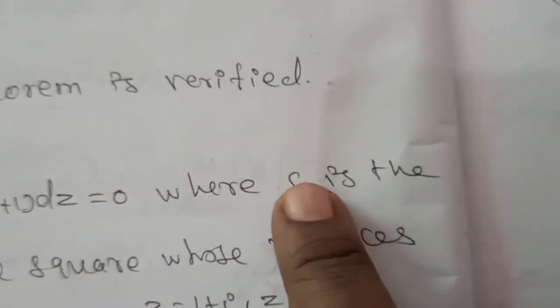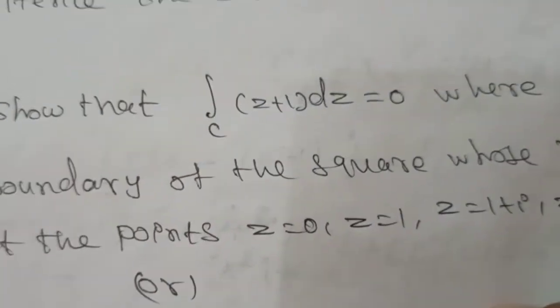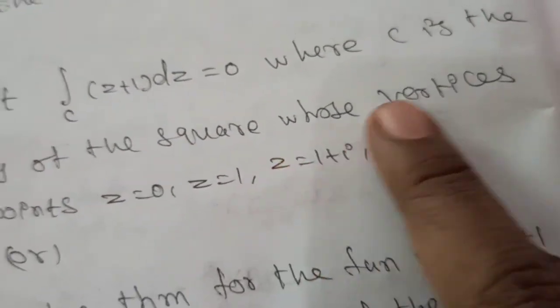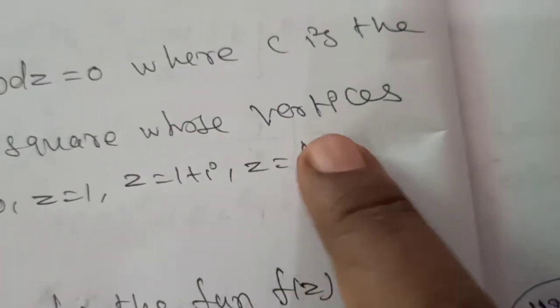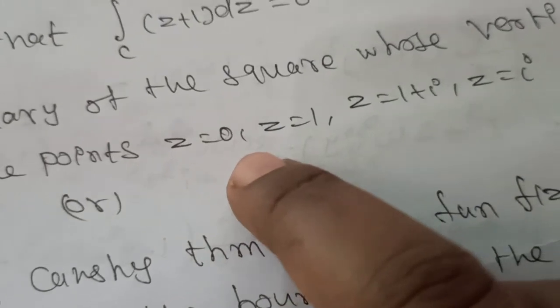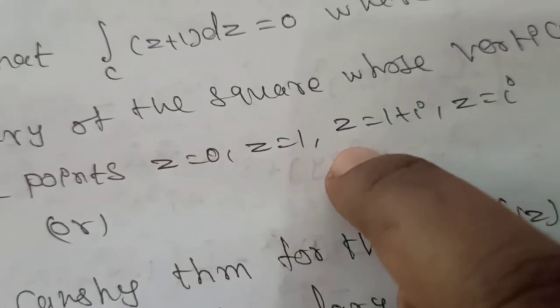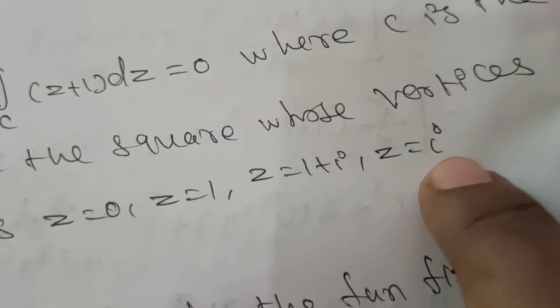You want to use Cauchy's theorem where C is the boundary of the square whose vertices are the points z equal to 0, z equal to 1, z equal to 1 plus i, z equal to i.